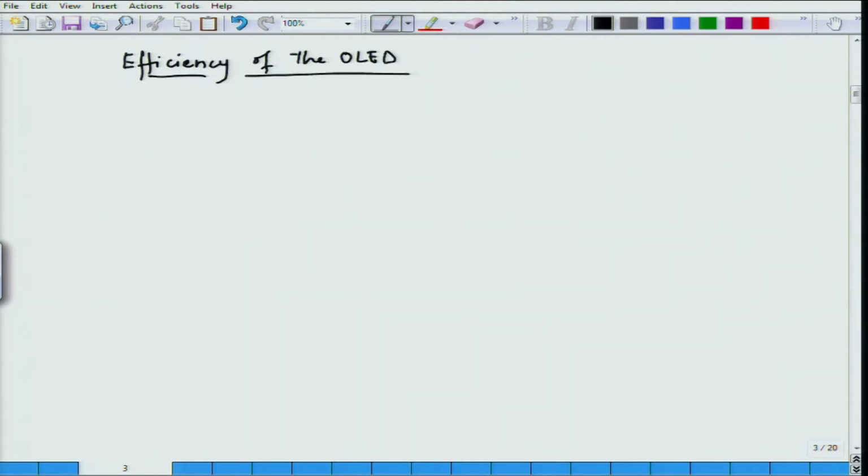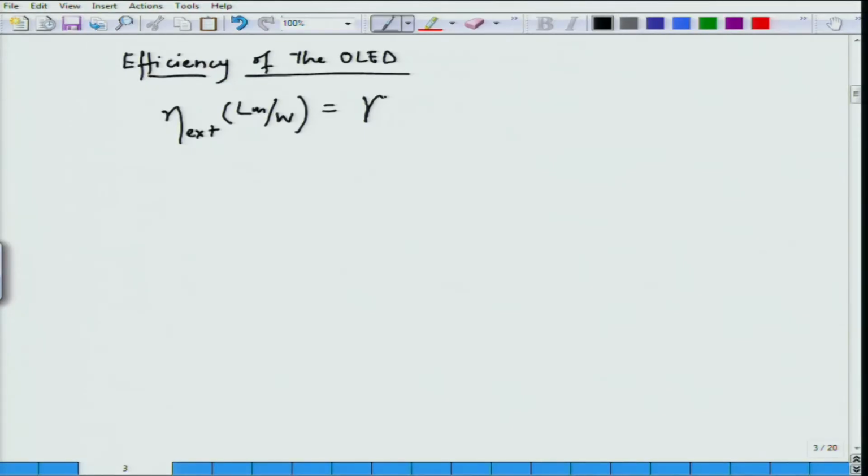Efficiency of the OLED depends on a number of processes. I define efficiency of the OLED as the total light output divided by the electric power, and we have been using the unit of lumens per watt here. It would first depend on the first process, which was injection of carriers, and then the carriers had to move together, electrons and holes had to move in order to create the exciton which emitted the light. So, the efficiency of that process will define if an exciton is created.